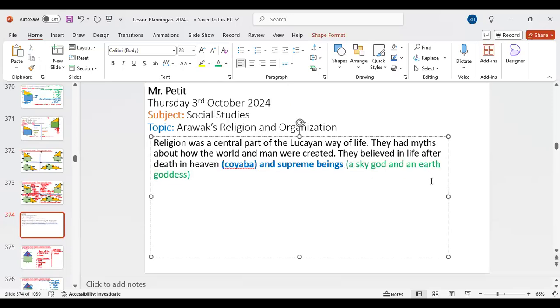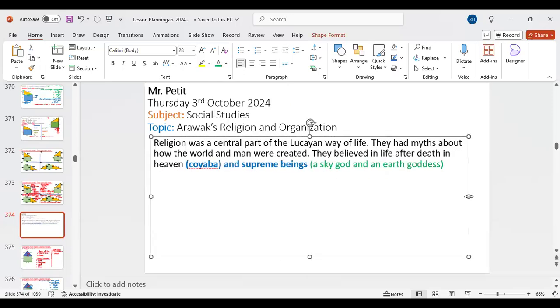So what was their word for heaven? Koyaba. Exactly. Koyaba. And they also believed in a sky god and an earth goddess.